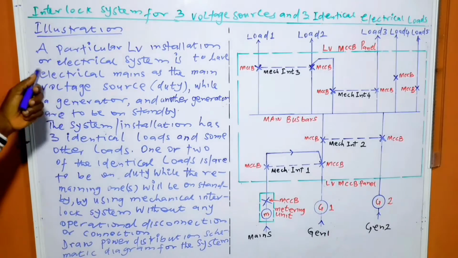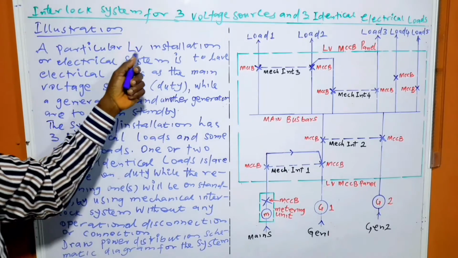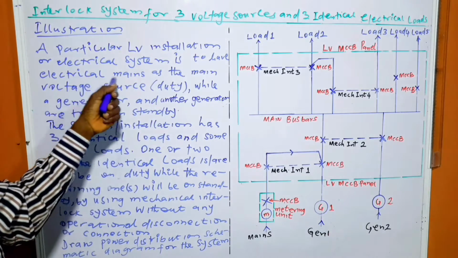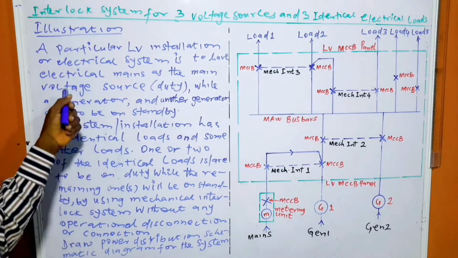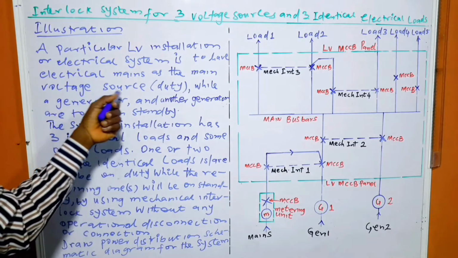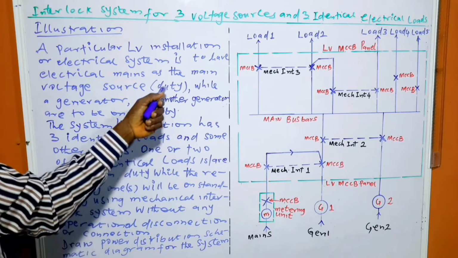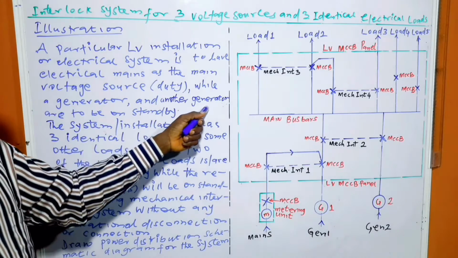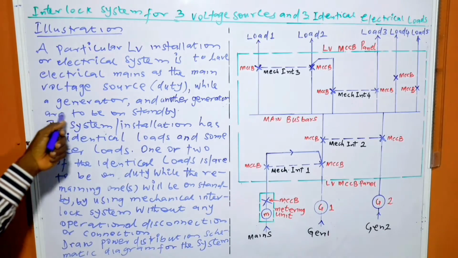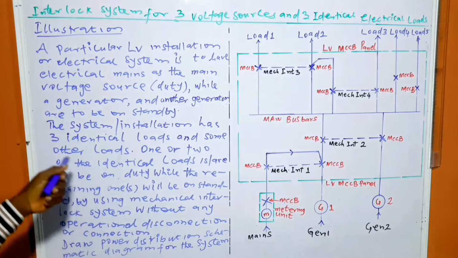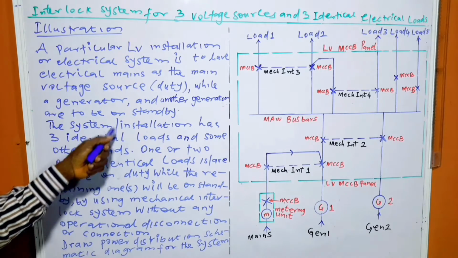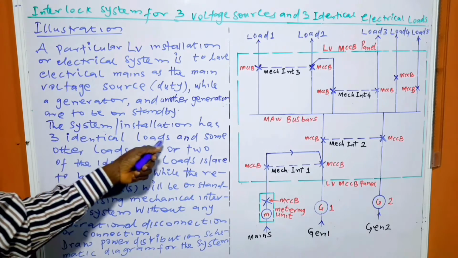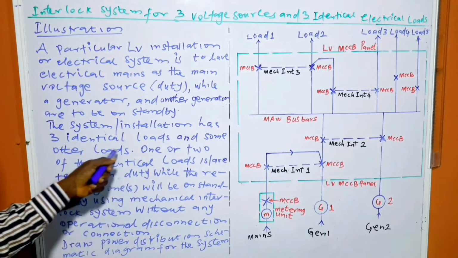Now, the illustration. A particular low voltage, that is LV, installation or electrical system is to have electrical mains as the main or major voltage source. That is the duty, it will always be on duty, while a generator and another generator, making two generators, are to be on standby. The installation has three identical loads and some other loads.